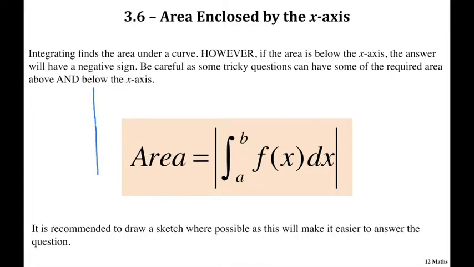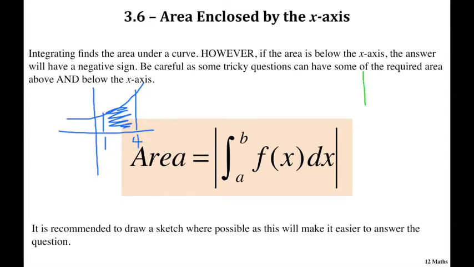If we have a graph, and I draw it, and let's say I want to find the integral between 1 and 4, that's the area that we will find. And you get an answer.